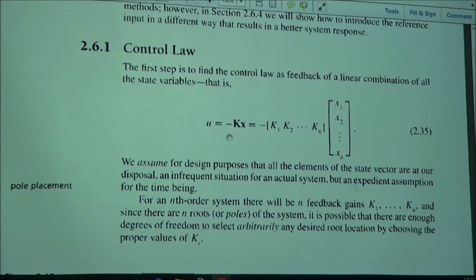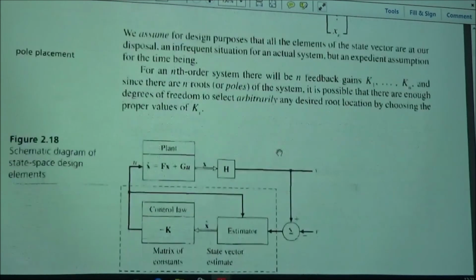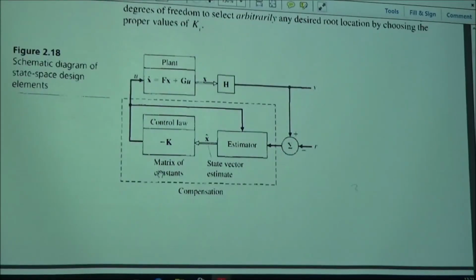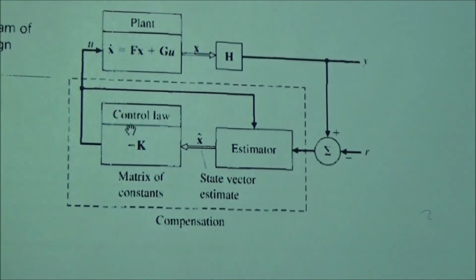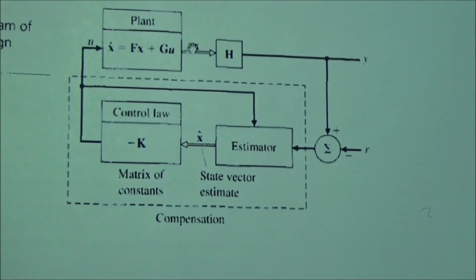We have your control as minus a gain times the state variable. K1 through Kn are unknown, and they are obtained by a command in MATLAB called pole placement. However, in many cases, the number of the state variables coming out of the plant, which are measured by the output, is less than n.